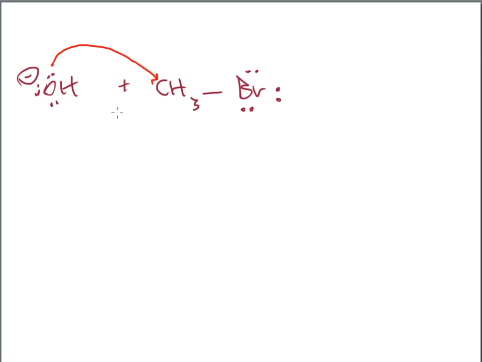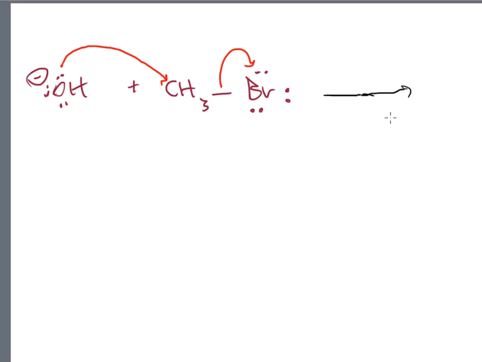Carbon then makes the decision, yep, OH is the one for me. And carbon looks at the bromine and says, bromine, you got to go. I'm tired of it. I know that we've been together for a while, but you know what? I'm superficial. It's all about the outside. I like OH a little bit better because it's prettier, and I'm sorry, but you're just ugly. Bye-bye. Oh, boo-hoo. Poor little bromine.